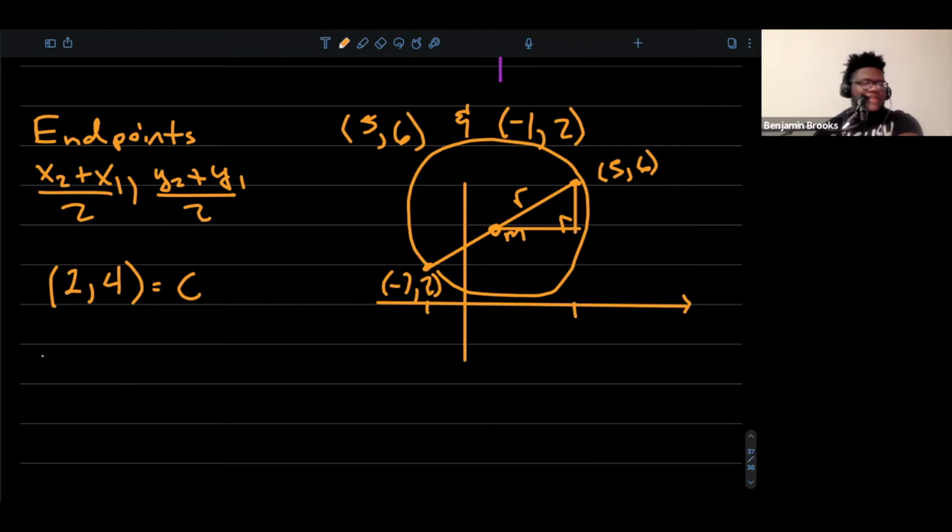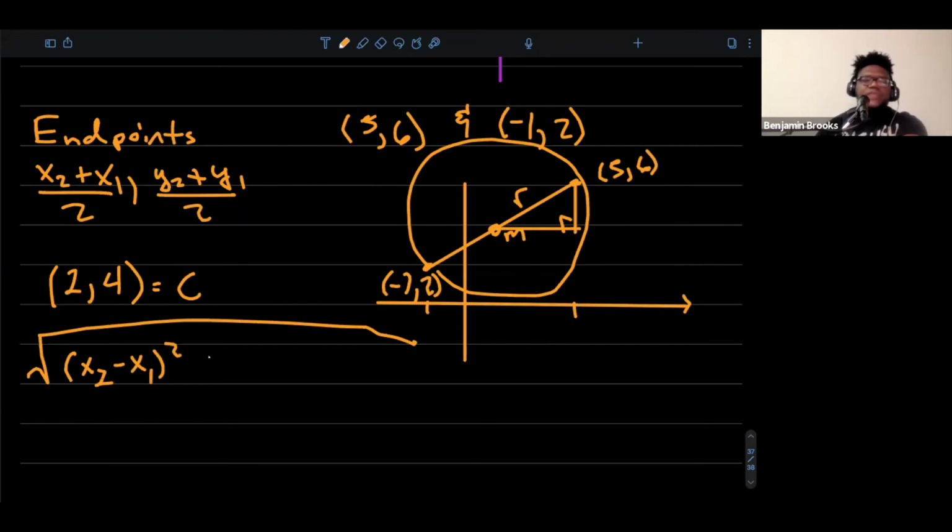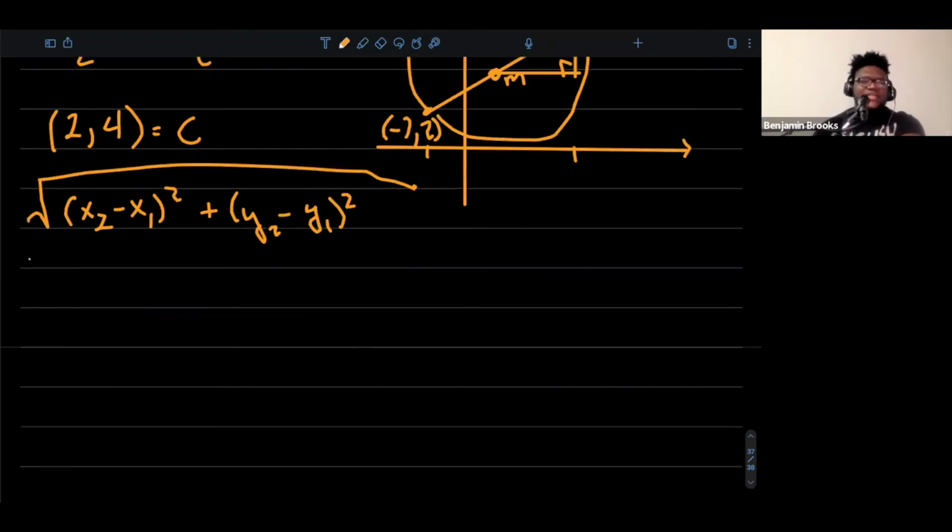So to find the distance between the center and my endpoint, I'm going to use the distance formula, which is the square root of x2 minus x1 squared plus y2 minus y1 squared. The endpoint I'm going to use is the (5, 6) endpoint, but you could use the other one.